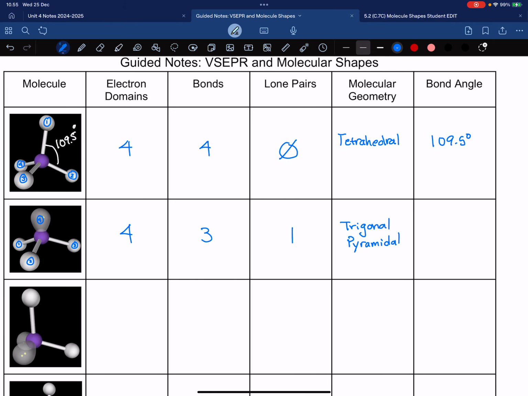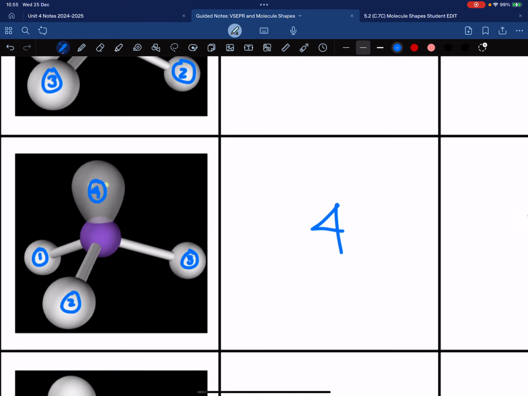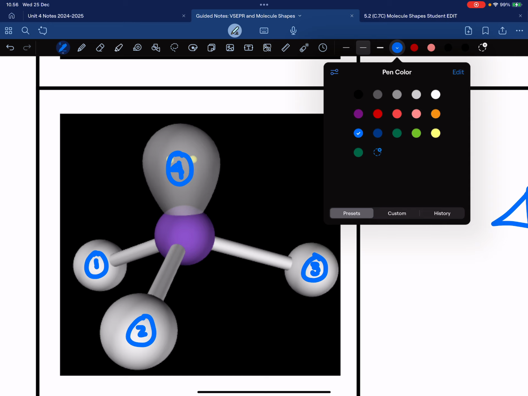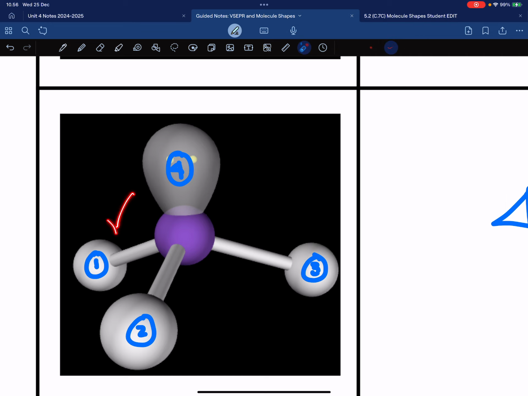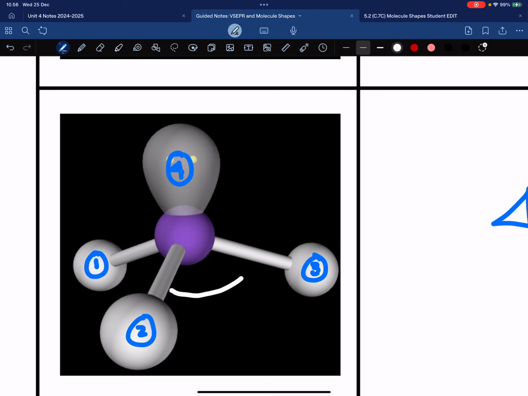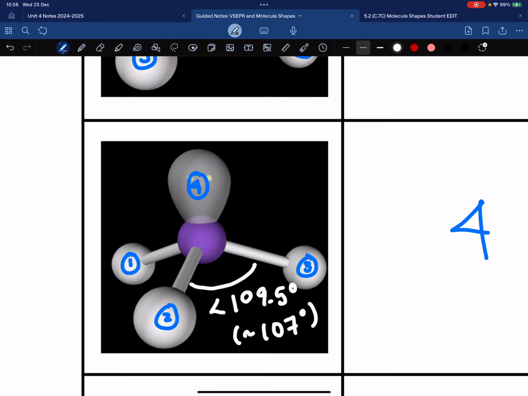And a bond angle of less than 109.5 degrees because that lone pair is big and it kind of pushes down on both sides and compresses that bond angle. So we have a bond angle of less than 109.5 degrees, probably around 107 degrees.